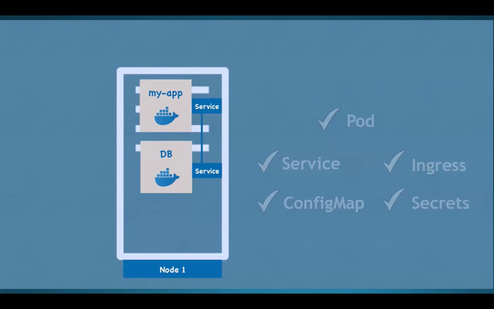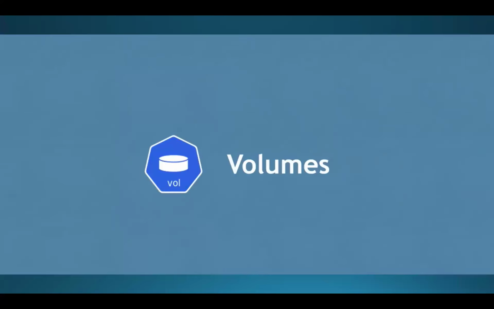Now let's look into the volume, which is very important. We looked into Docker volume as well, whose main task concerned what happens if a container gets destroyed or somehow stops running or stops working. What will happen to the volume?